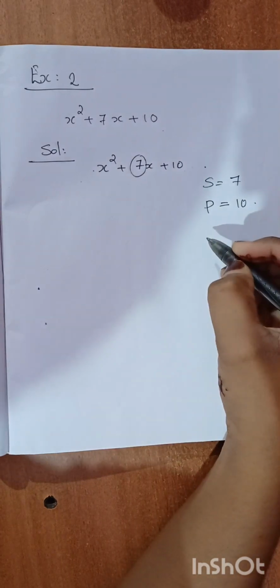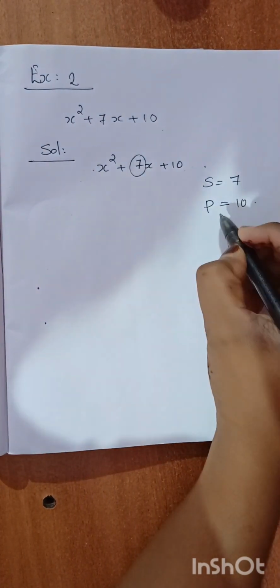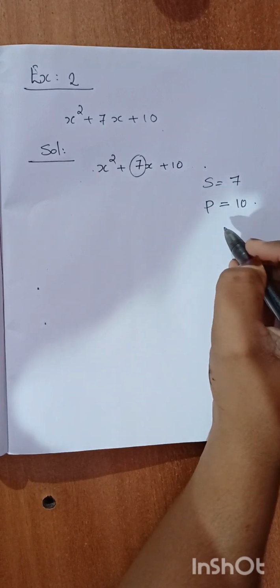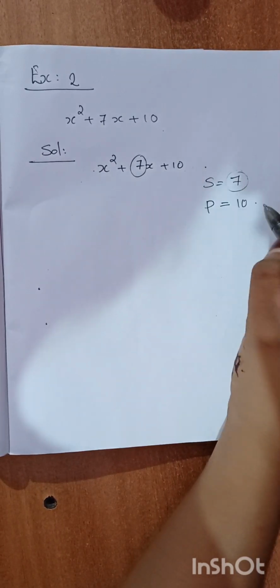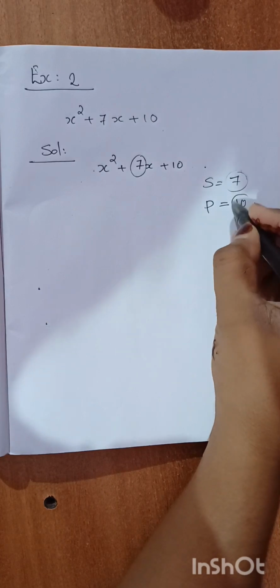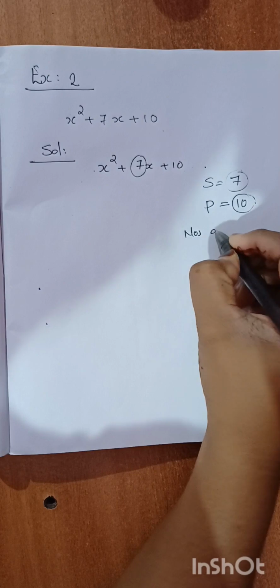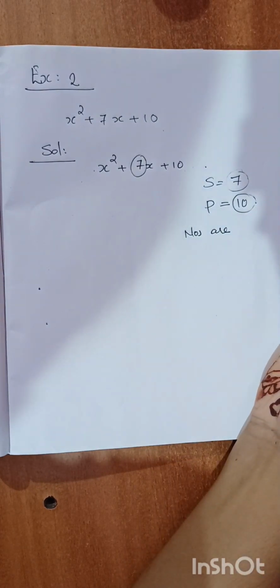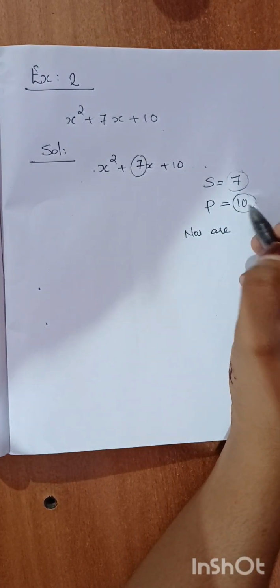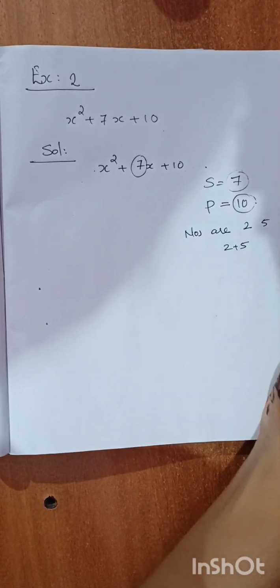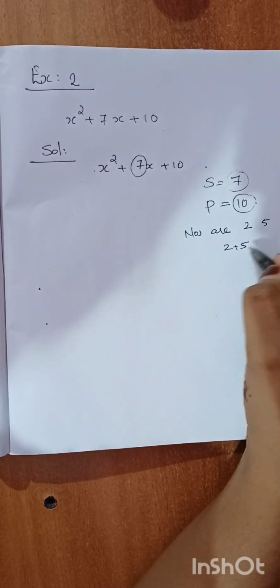You have to find the two numbers that satisfy this condition: when added you get the sum as 7, and when multiplied you get the product as 10. To select the numbers, we find the factors of 10, that is 2 and 5. We know that 2 plus 5 is 7 and 2 into 5 is 10.